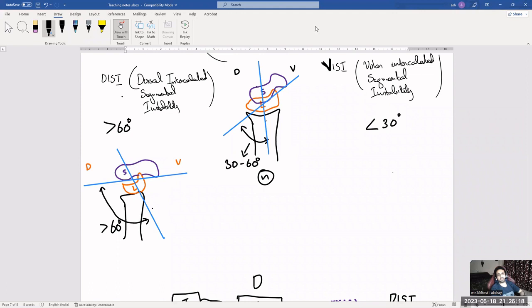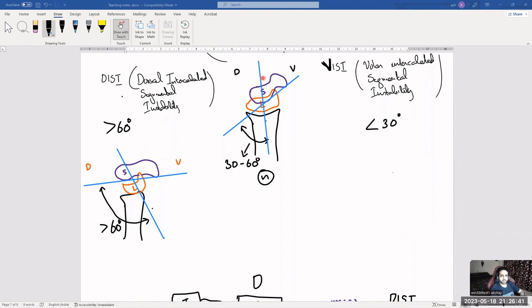The lunate has tilted dorsally in dorsal intercalated segmental instability, and the scaphoid as usual will always tilt volar. Because of that, the scapholunate angle has increased to more than 60 degrees.